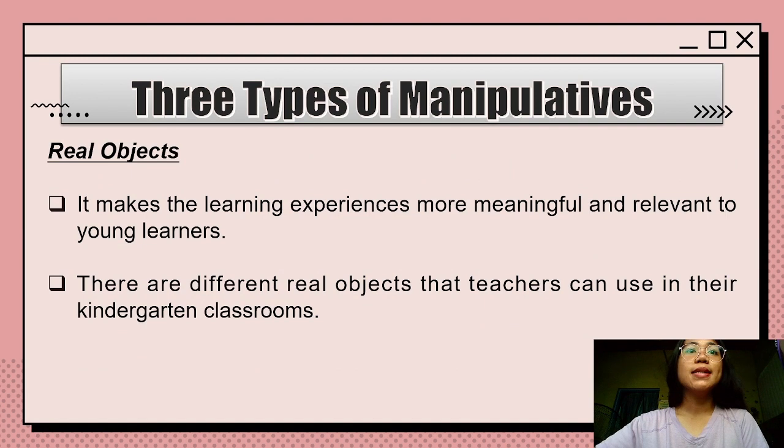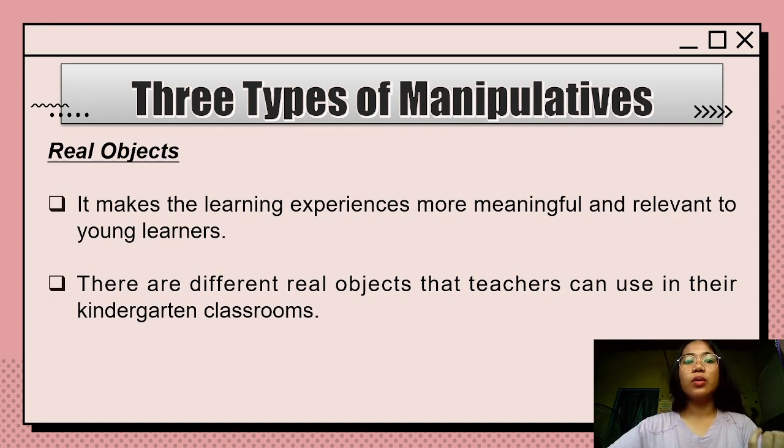So next, real objects make the learning experiences more meaningful and relevant to young learners. So, bakit? There are different real objects that teachers can use in their kindergarten classroom. So, these objects like coins, tools, artifacts, plants, and animals are accessible, intriguing, and involving materials in educational use. So, itong mga bagay na to, students can manipulate it.